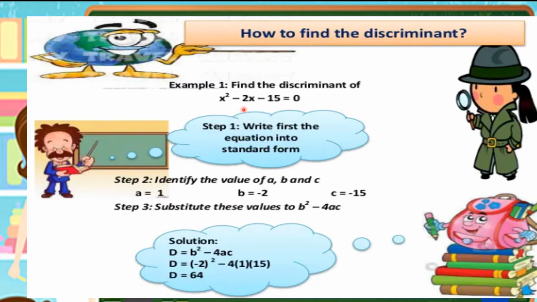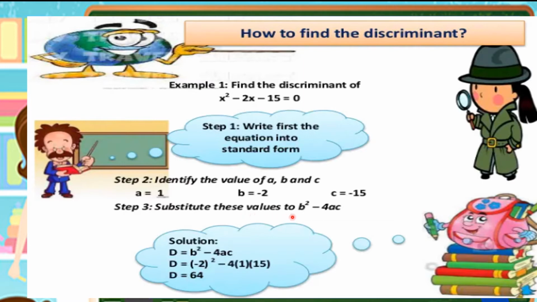Eh, bakit ma'am kasama ang negative 2? Yes, kasi yung negative sign na operation, that is the sign of your B. So, include the sign before the number. Then, we have C, or the constant term, which is negative 15.